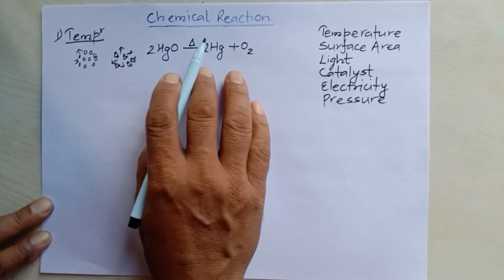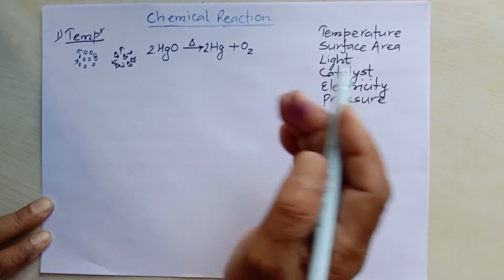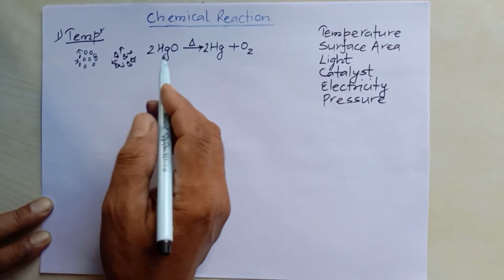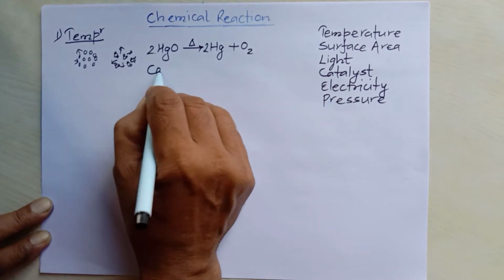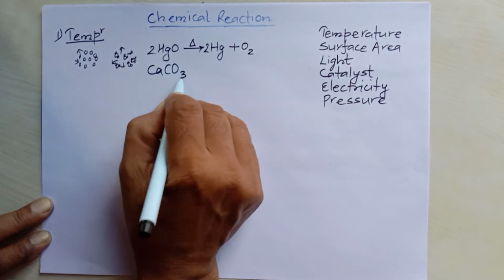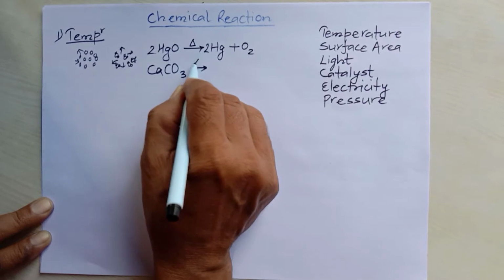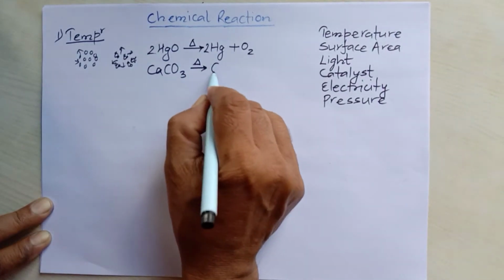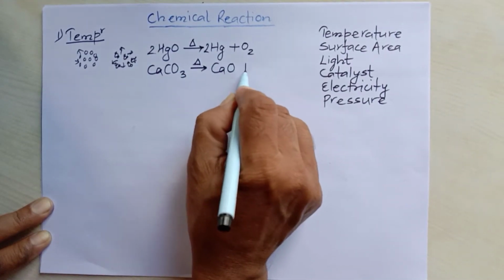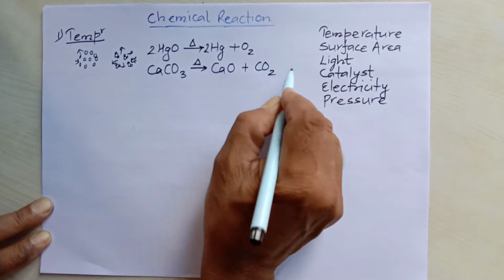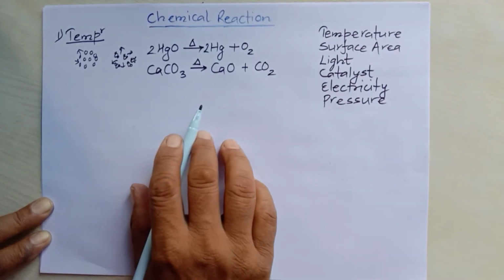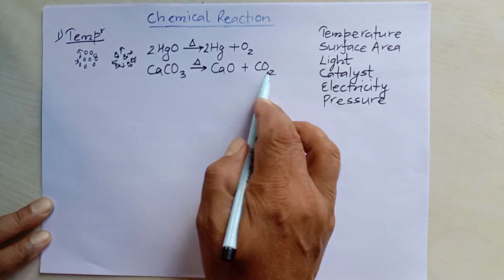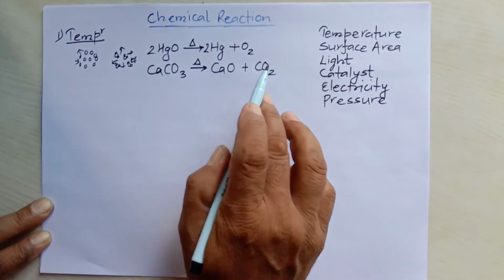which brings the chemical reaction much faster. Okay, now next is calcium carbonate. When calcium carbonate is heated at very high temperature, then it decomposes into calcium oxide and carbon dioxide gas. This reaction is a balanced reaction. This is one of the methods of preparation of carbon dioxide gas on an industrial scale.